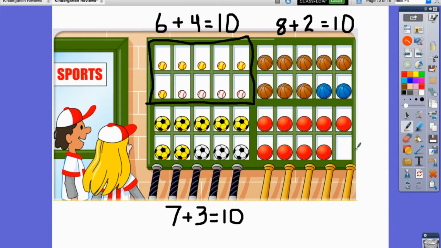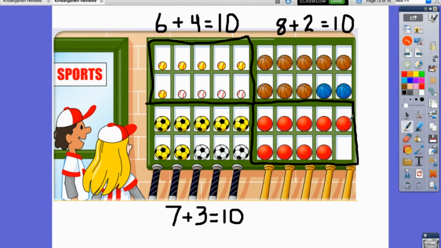Turn to your partner and tell them, how can we quickly tell that there are only 9 and not 10? That's right. When I look at this 10 frame of the red balls, I notice that one of those boxes is empty and has not been filled in, which means we only have 9.